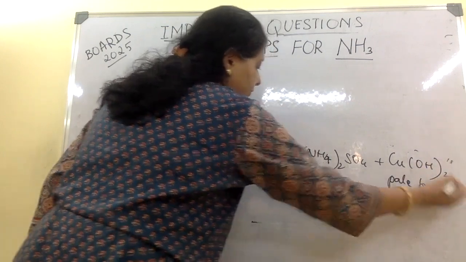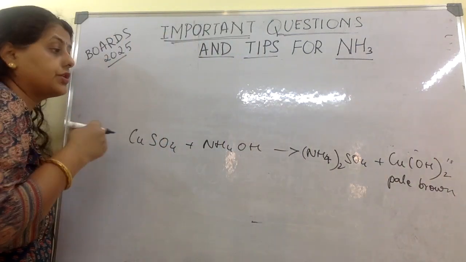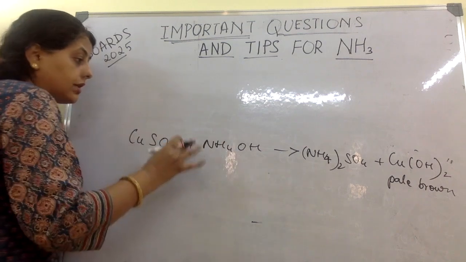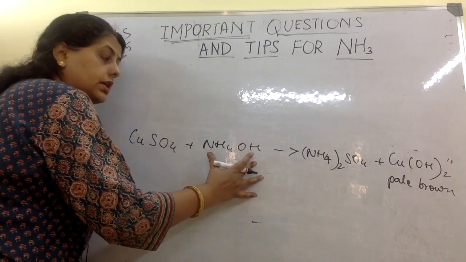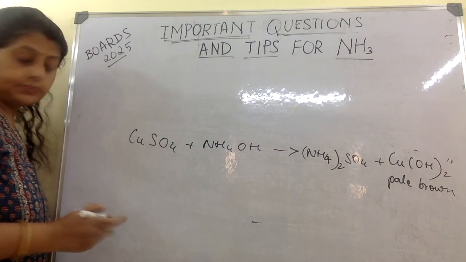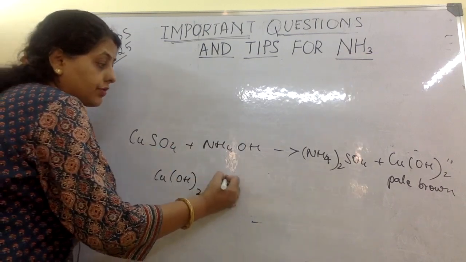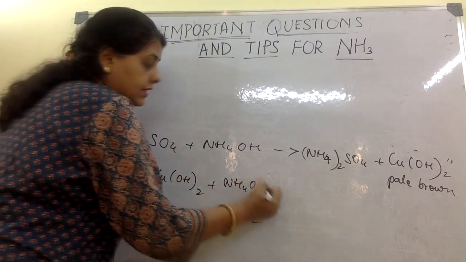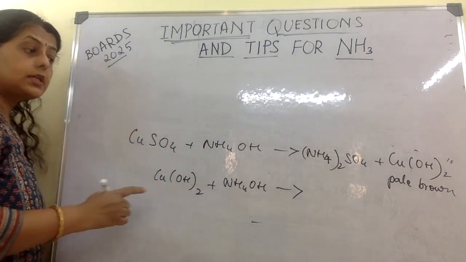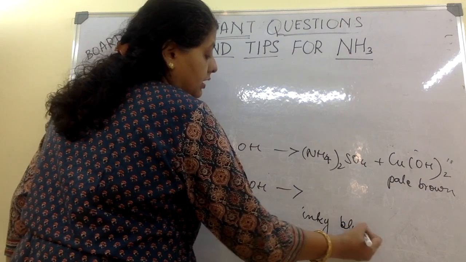Now this is formed, but where is the next set of equation coming? If you are using excess of NH4OH, what happens? The copper hydroxide formed in the first step reacts with further ammonium hydroxide and now it gives an inky blue precipitate.